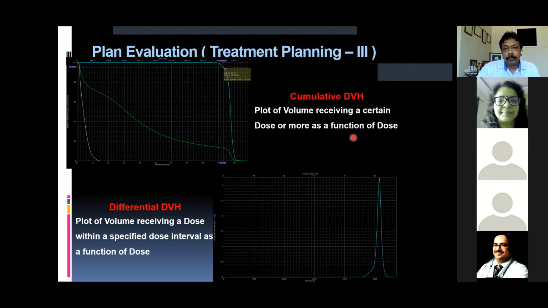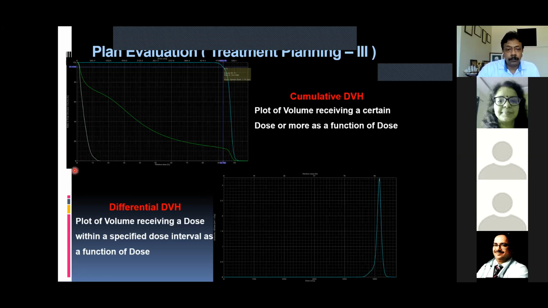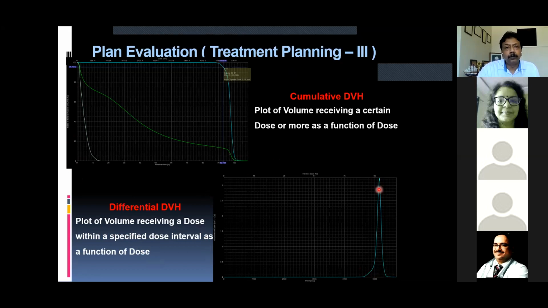The cumulative dose volume histogram is a plot of the volume receiving a certain dose as a function of dose. The differential is a plot of the volume receiving a dose within a specified dose interval as a function of dose, and this is Gaussian in nature. But most of the time, we use the cumulative DVH.